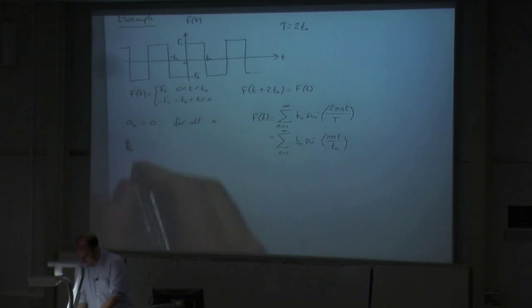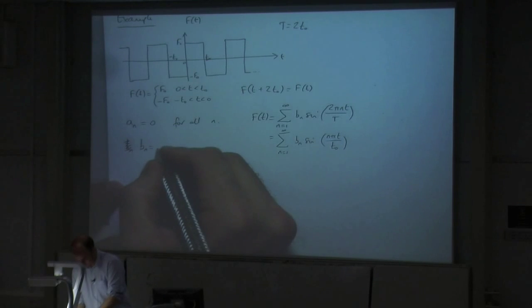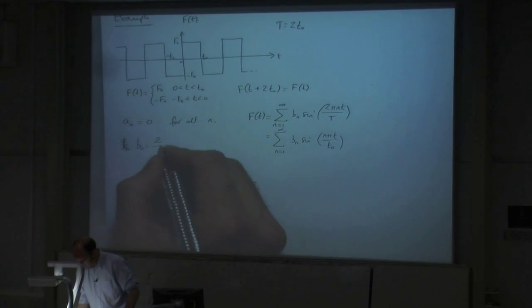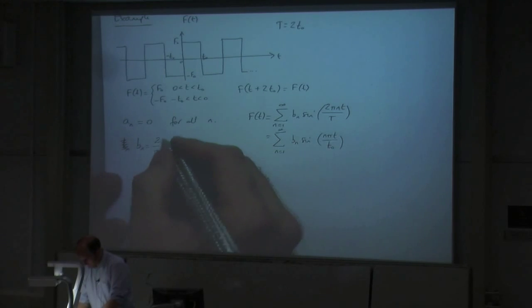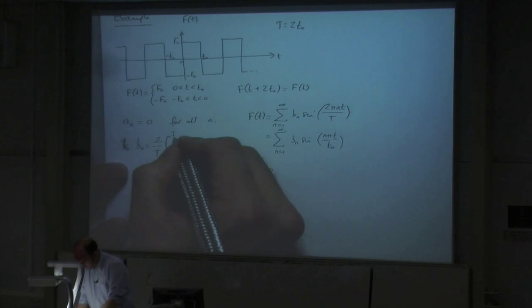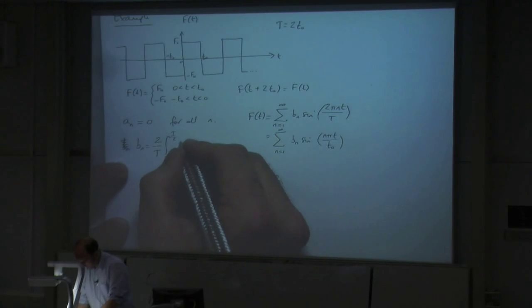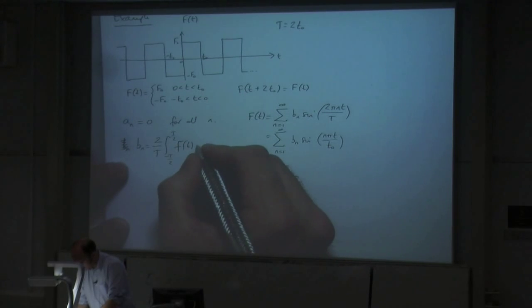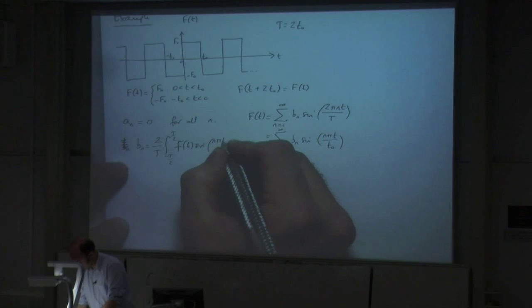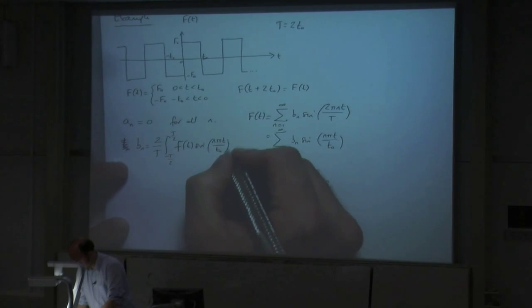where Bn equals 2 over T, big T, integral from minus T upon 2 to T upon 2 of f of t sine of n pi t upon t naught dt.